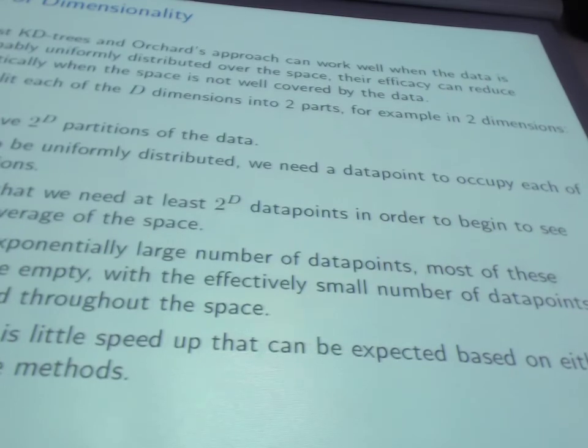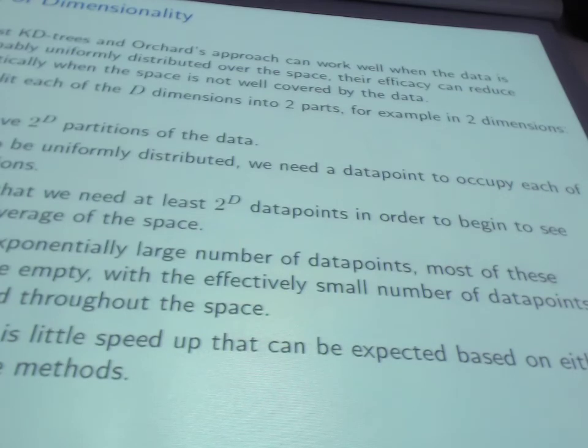In general, though, if you've got say 100 dimensions, 2 to the power d is astronomically big. It's absolutely huge. There's no way you'd ever have that many data points. It's probably bigger than the number of atoms in the universe or something crazy like that. So what does that mean? Well, it means that, exponentially, the vast majority of these partitions are completely empty.